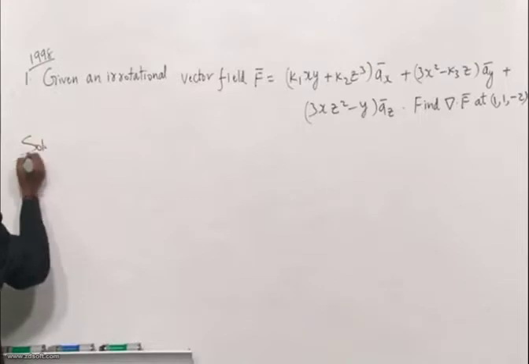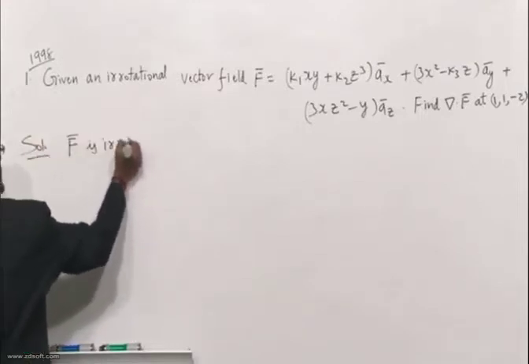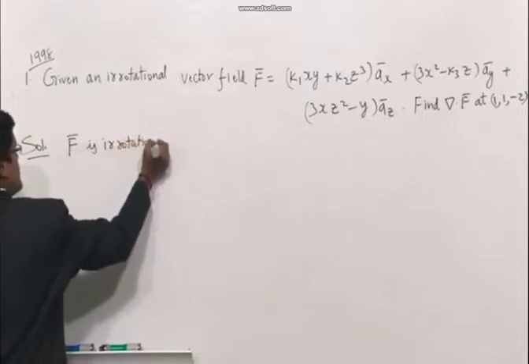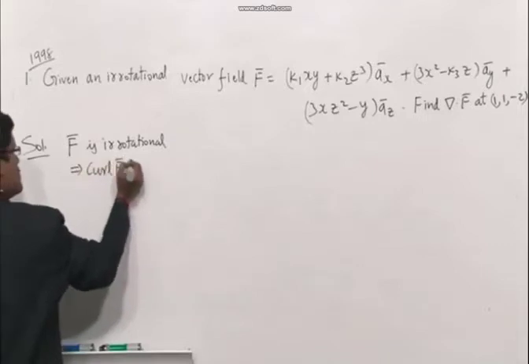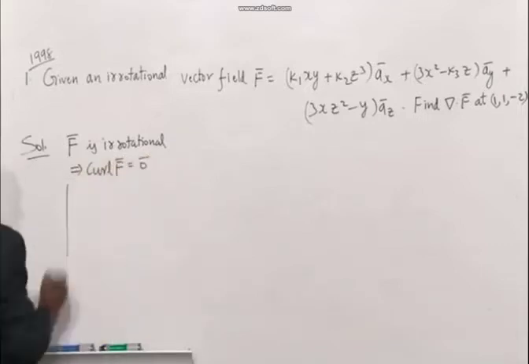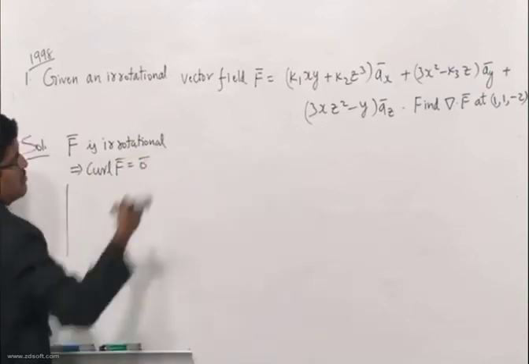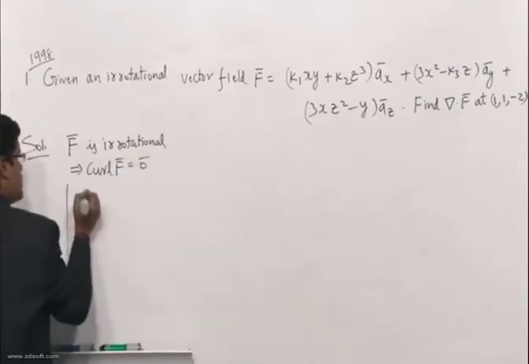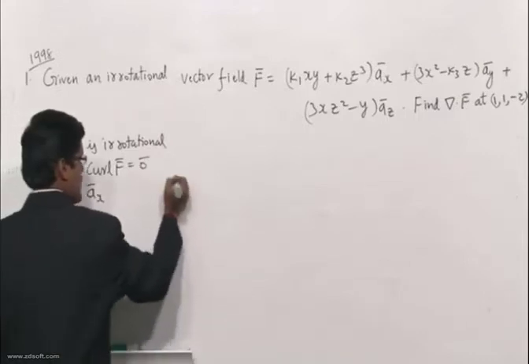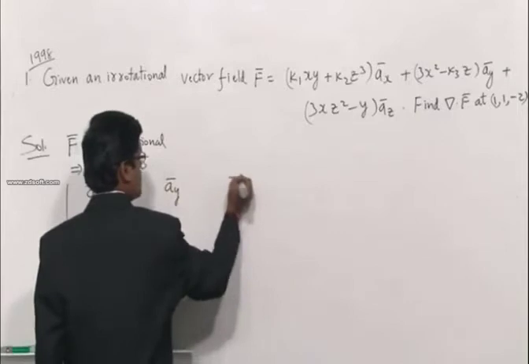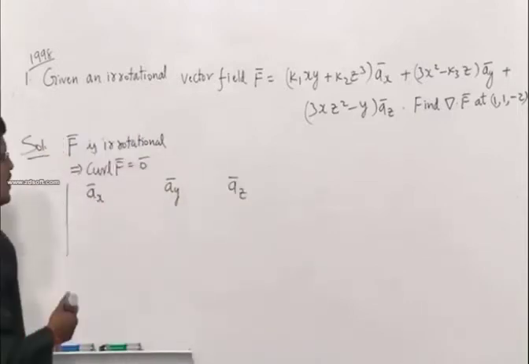Solution. F bar is irrotational implies curl f bar is equal to 0 bar. How to find curl? Instead of i, j, k, here the unit vectors are ax bar, ay bar, az bar, a different representation.